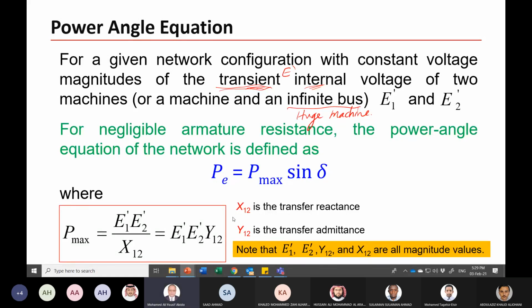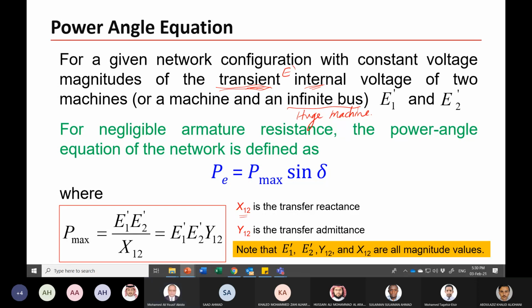So X12 is the transfer reactance. And I think in 520 you covered how to get the transfer reactance X12 in a very systematic way for a very simple system.